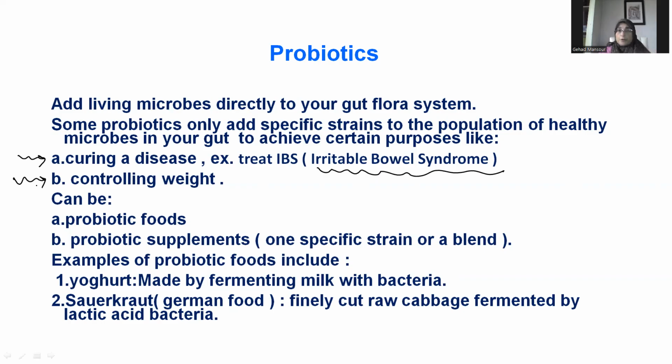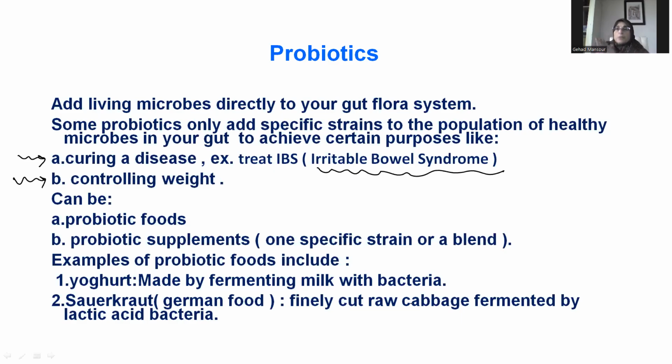Probiotics can be probiotic foods, like we said, yogurt, for example, that contains the bacteria themselves, or probiotic supplements, which means medication or pills that you take. So the main idea of probiotics is that they directly contain the bacteria.